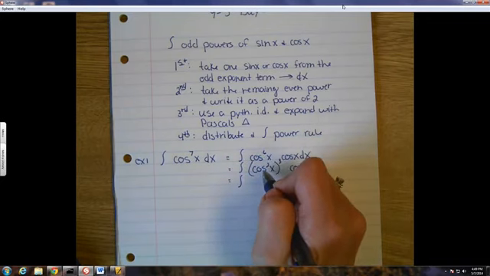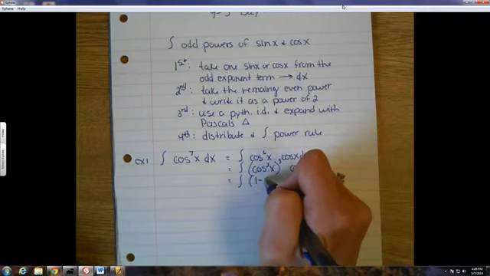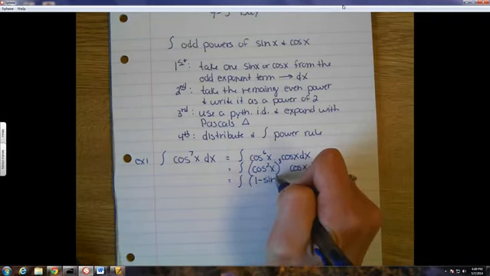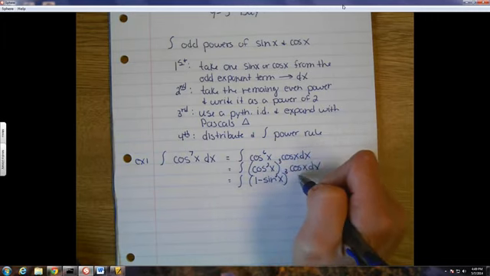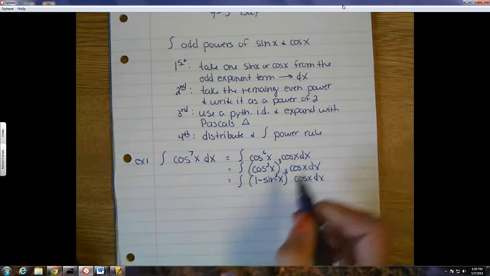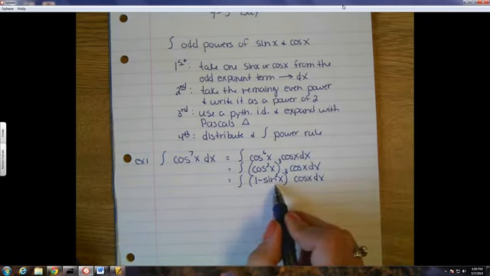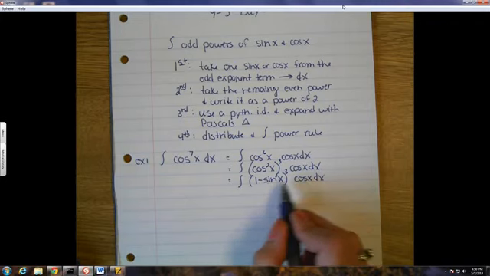So in place of cosine squared, you should know by now that that is 1 minus sine squared. And that's what's still being cubed. So notice I'm going to have sines after I expand, and the derivative of sine is cosine, so I'll be able to do power rule later on here.